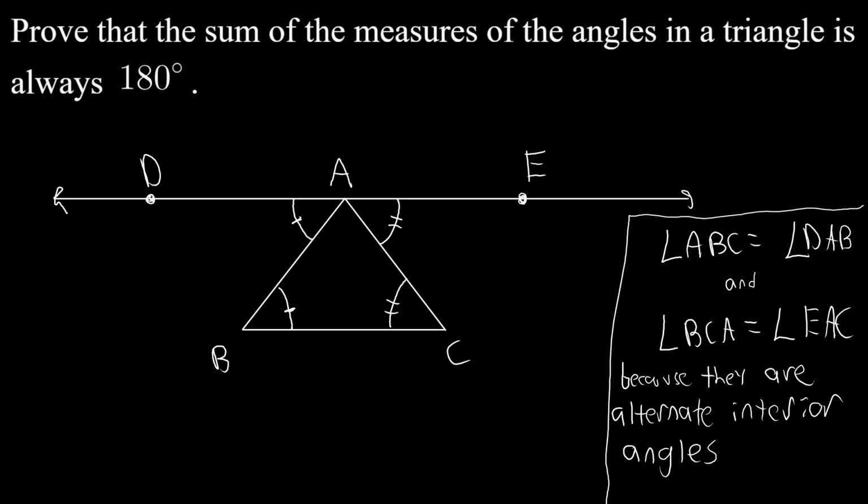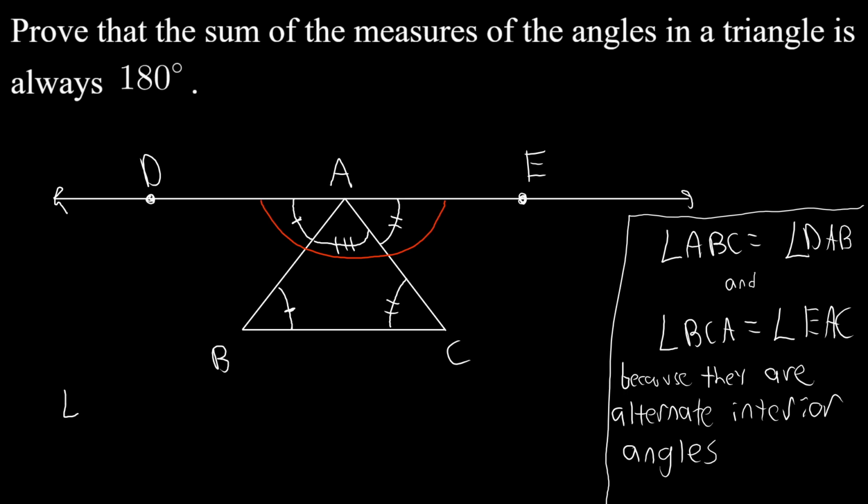Now what do I need to do from here? In the last problem, we used the fact that we have a straight angle over here to show that the three angles DAB, BAC, the one right here, I'll use three tick marks for that one, and EAC would be equal to 180 degrees because it forms a straight angle. And again, we get that semicircle-like angle from it. So that's something I can definitely state.